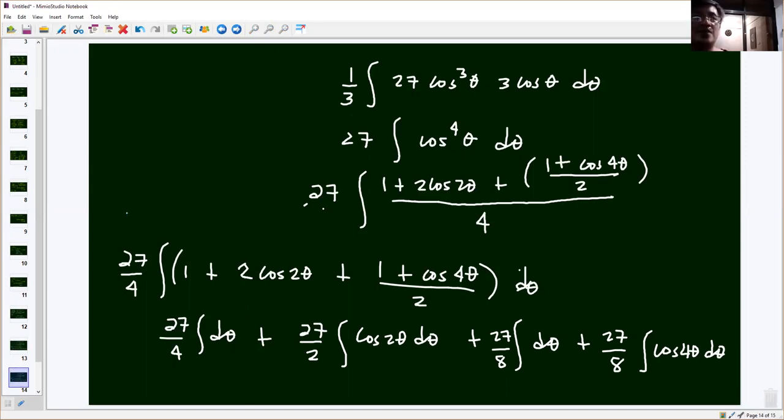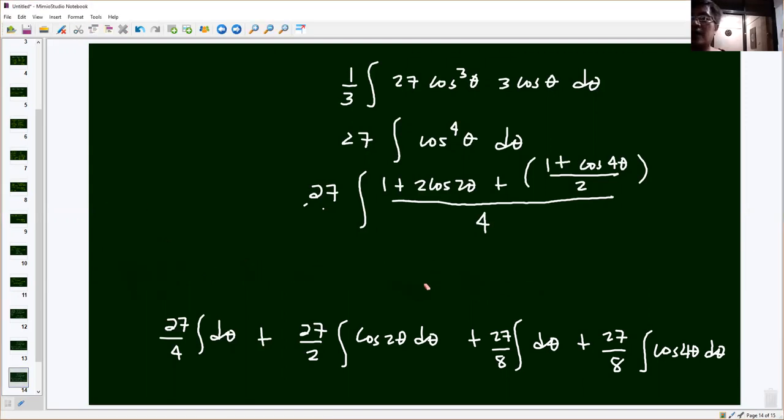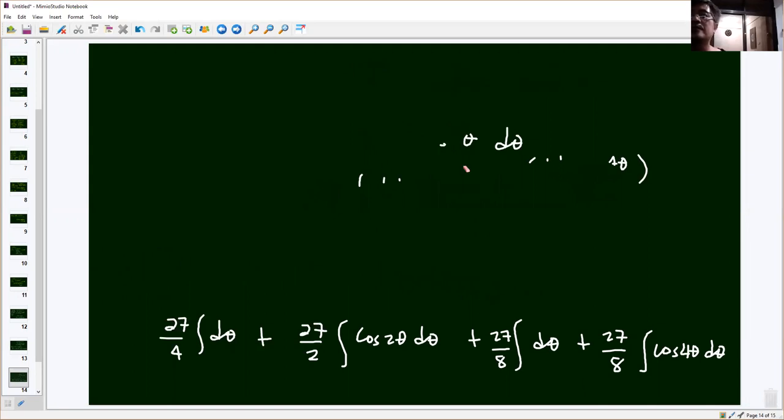Okay, help me out. Ito na. I-integrate na natin bawat isa. Of course, 27 over 4 theta. Now, ang integral niya ay sine 2 theta over 2, right? Sine 2 theta over 2. So, magiging 27 over 4 sine 2 theta.